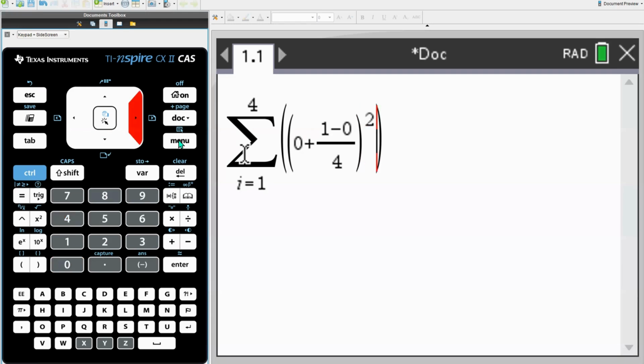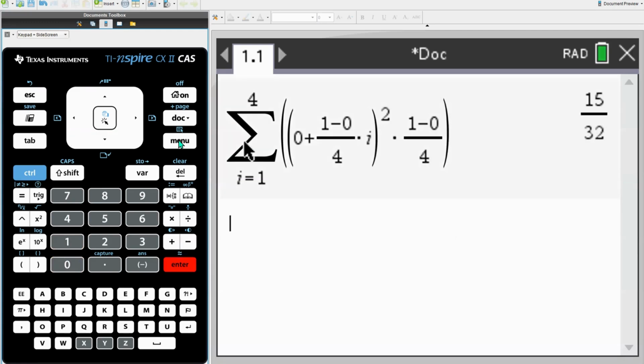And I moved delta x each time I iterated. So I was 1, I was 2, I was 3, and I moved along that chain of x values. There's my expression of height. Let me multiply this by the expression of width, and the width is the same as that delta x, 1 minus 0 divided by 4.